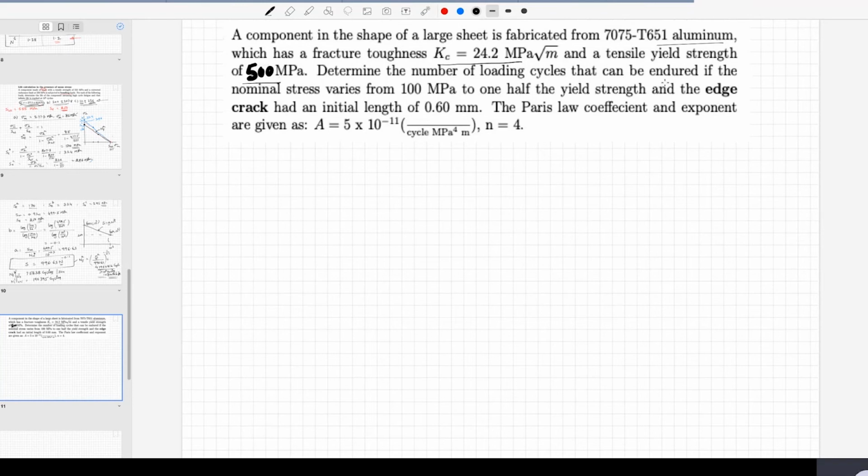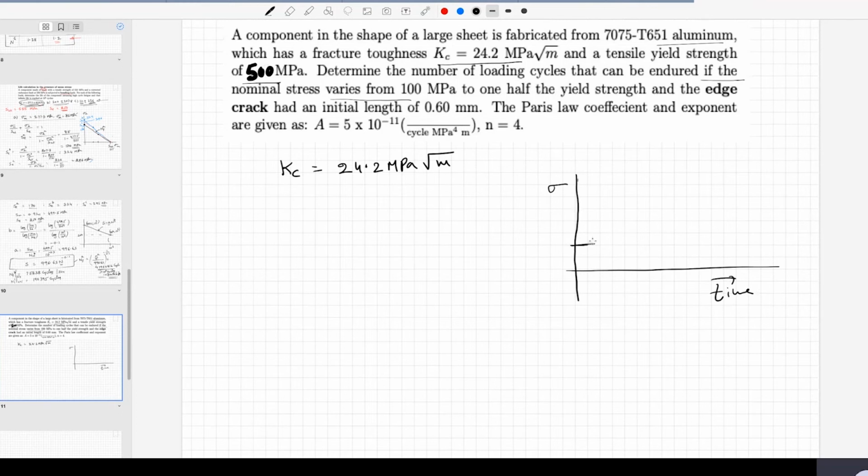Determine the number of loading cycles that can be endured if the nominal stress varies from 100 MPa to 1/2 of the yield strength. So you have a scenario wherein your fracture toughness of the material is given as 24.2 MPa root meter. And this loading is actually, if you see this, this is load, stress, time.